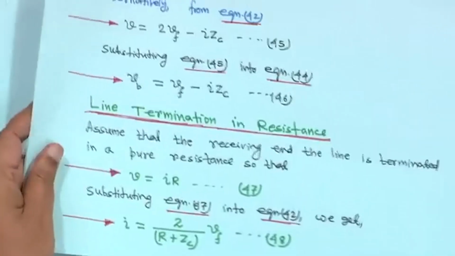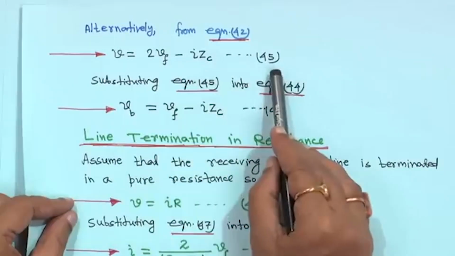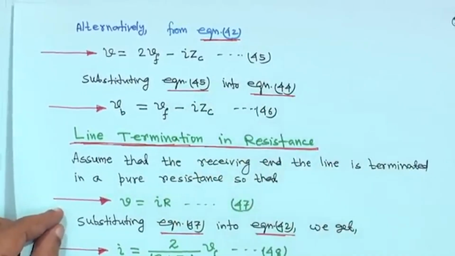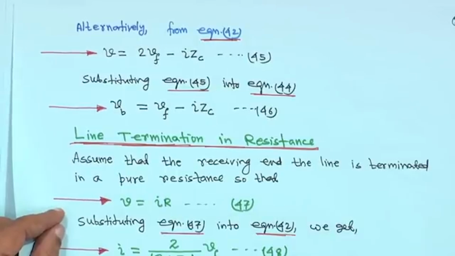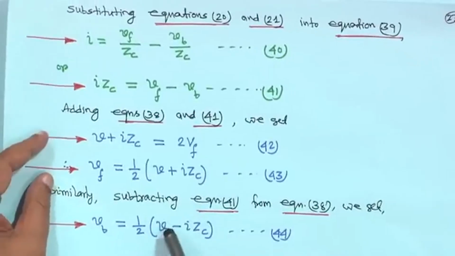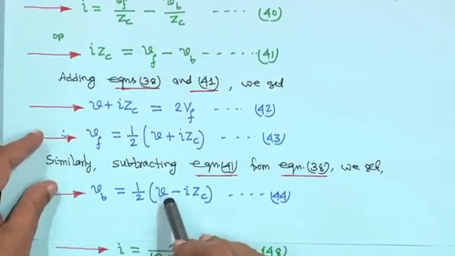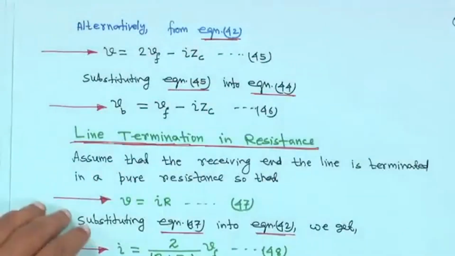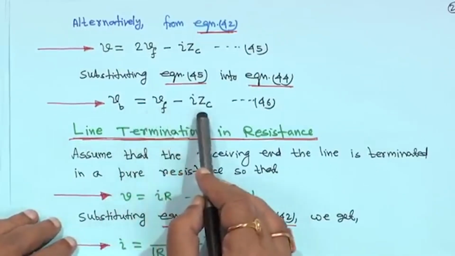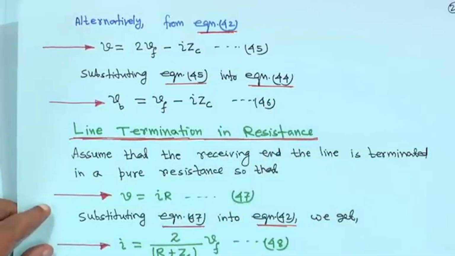This is equation 45. Now, substituting equation 45 into equation 44, that is, putting this V value, 2 Vf minus I Zc, in equation 44, you will get Vb equal to Vf minus I into Zc. This is equation 46, right.